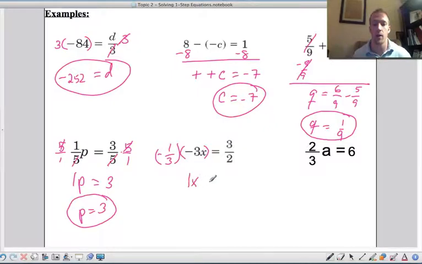So 1x equals, make sure you do the same thing to both sides. So I'm multiplying. A negative times a positive is a negative number. 3 times 1 is 3. 2 times 3 is 6, and that reduces. X equals negative 1/2.